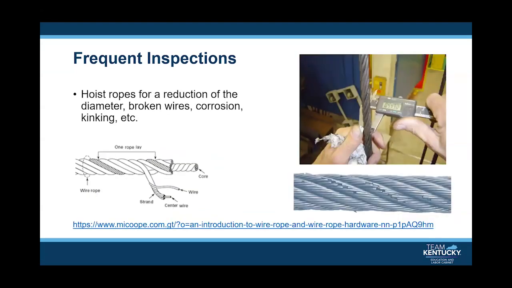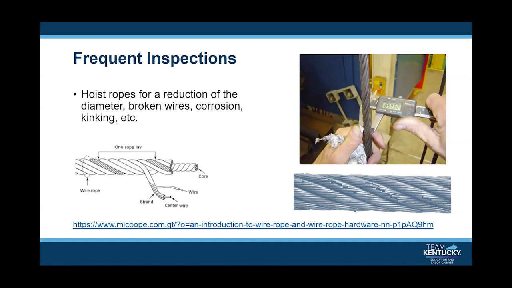If the hoist uses a rope, the inspector will need to inspect it for items such as a reduction of diameter, broken wires, corrosion, kinking, etc. In regards to the diameter reduction, maximum reductions are given in ASME B30.2-1967 for cranes covered in 1910.179 based on their rope size.